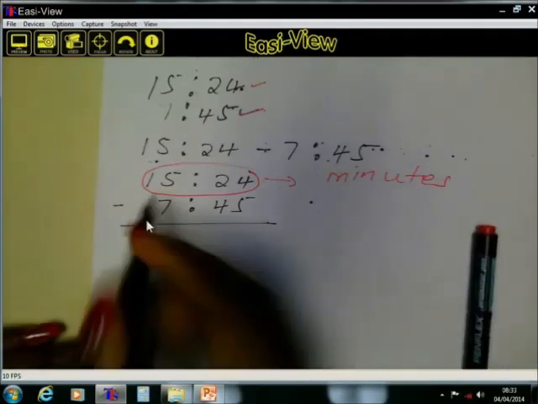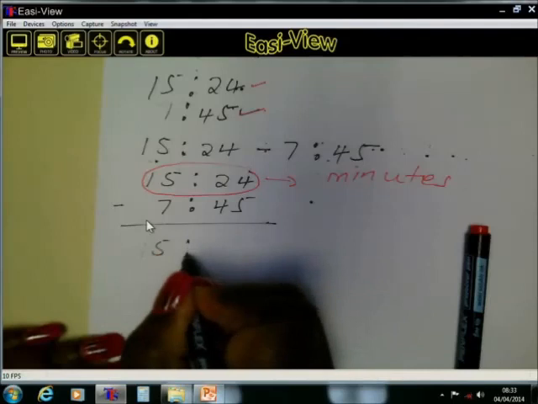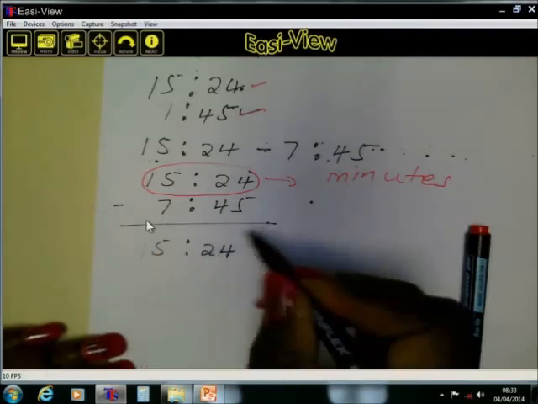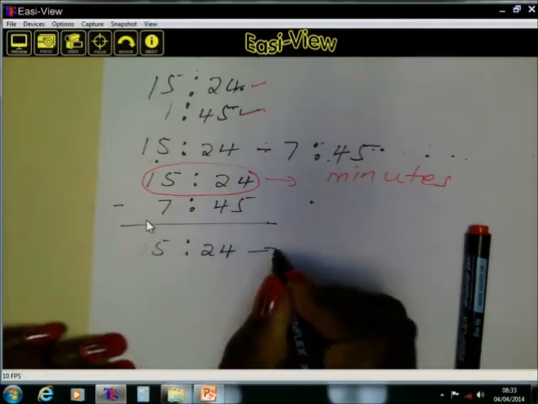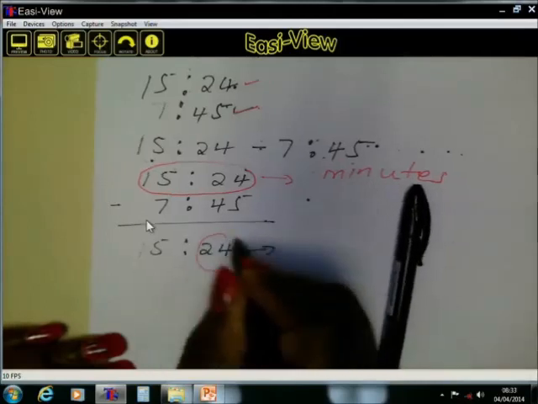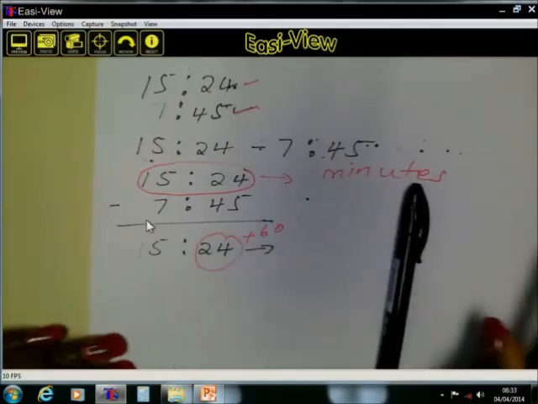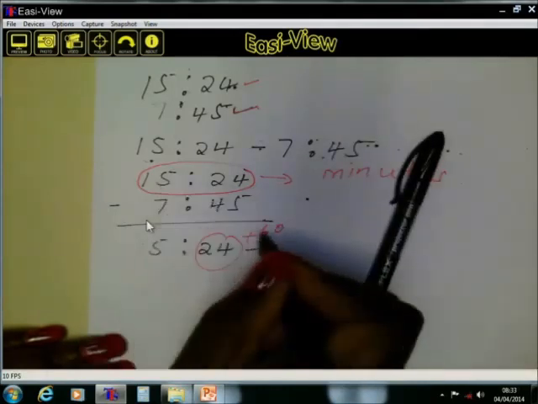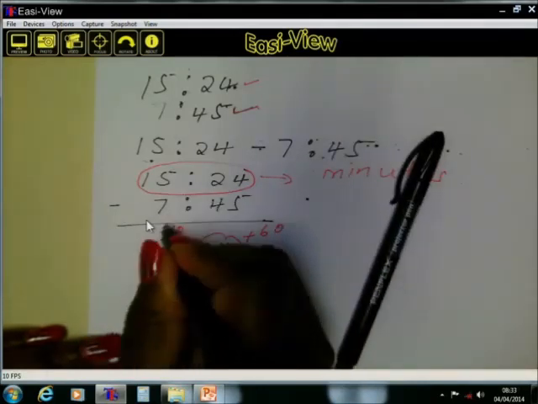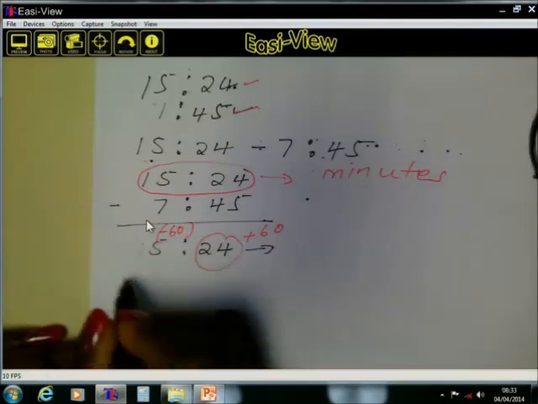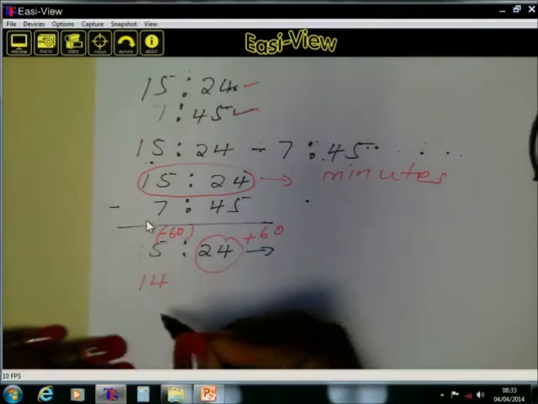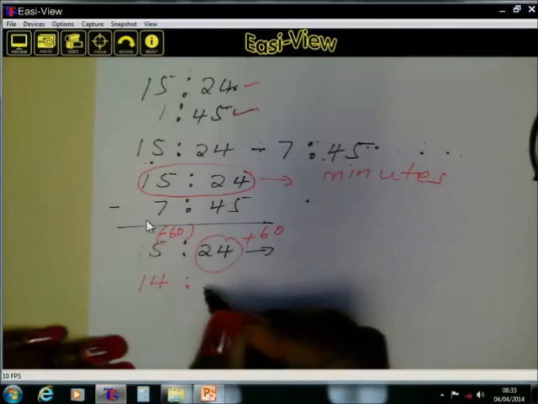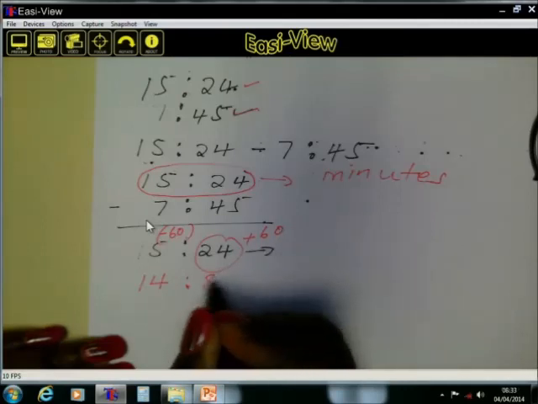So when converting 15 hours, 24 minutes, we would add 60 on this side, and then we would subtract that 60 on this side. So we will be left with 14 on this side. Then how much will we have on this side? 84.